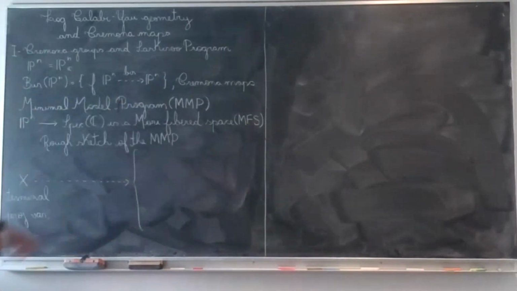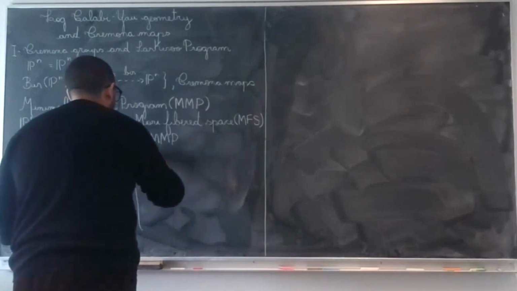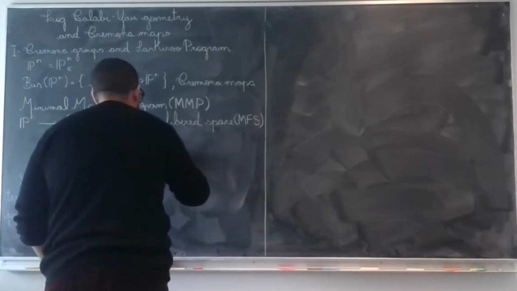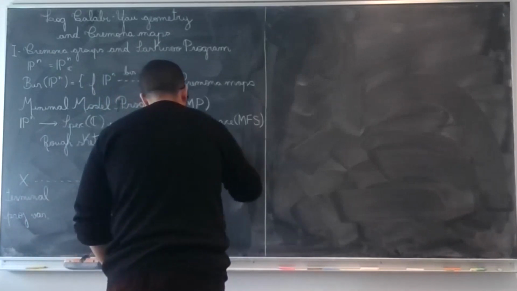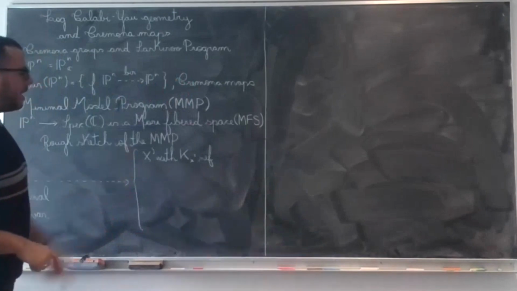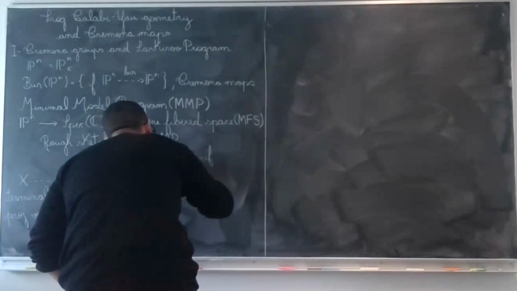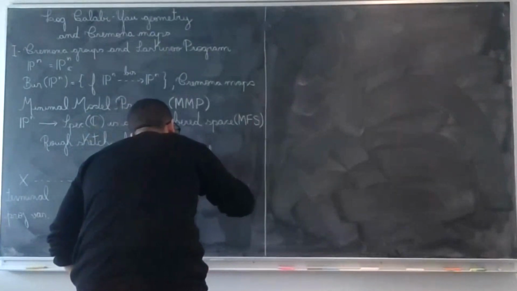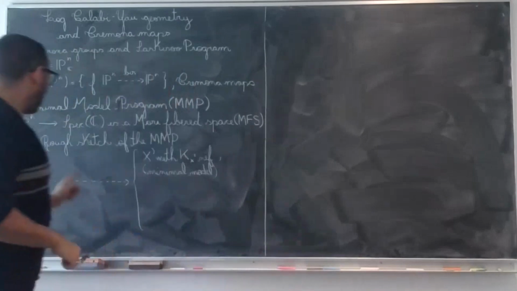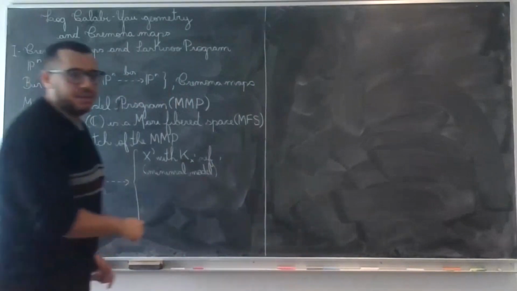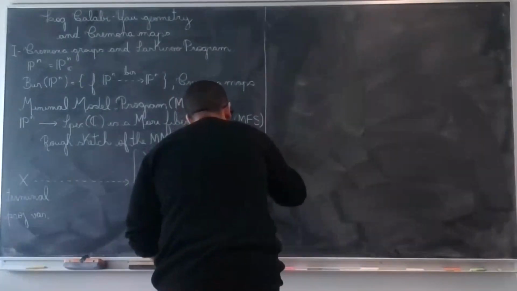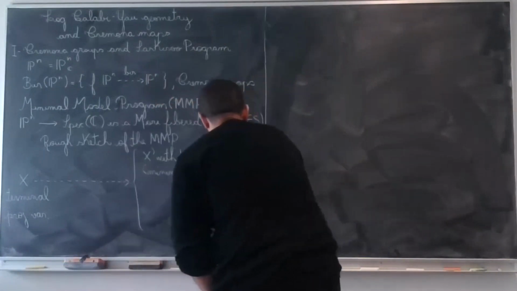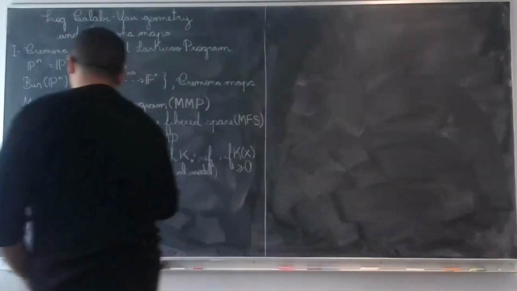I can obtain a variety X prime with canonical class nef, and in this case we call this X prime a minimal model. This happens when the Kodaira dimension of our initial variety is greater than or equal to 0.